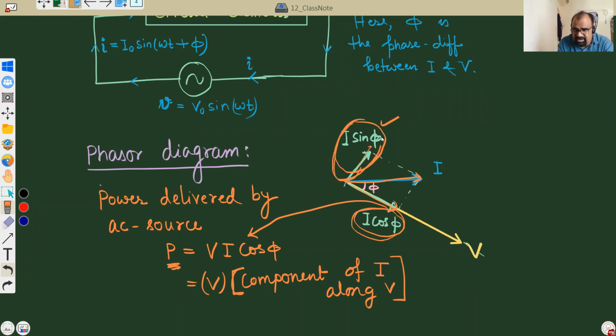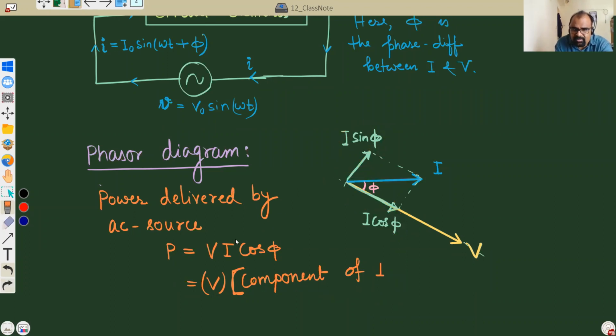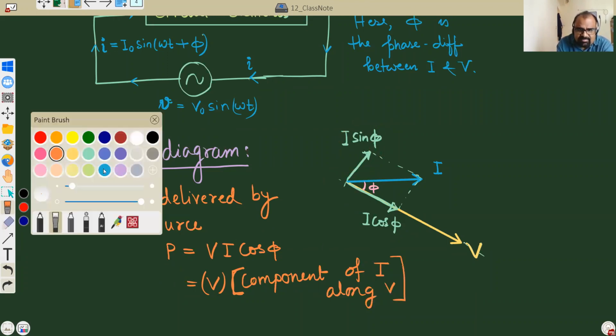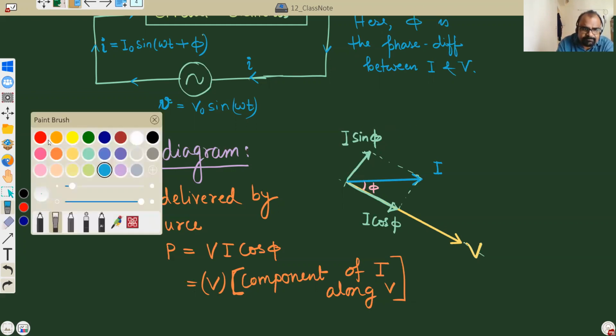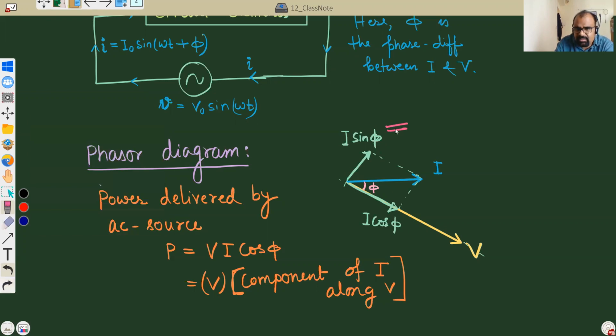But this component of current is not responsible for the power at all. That means this component of current is called the wattless component of current.